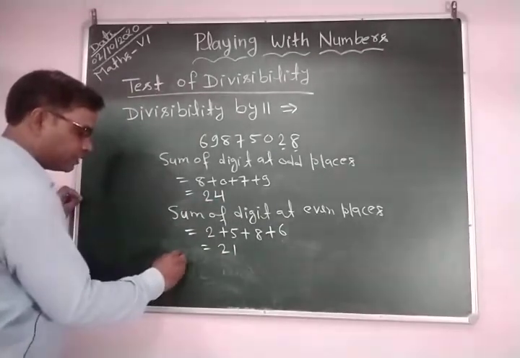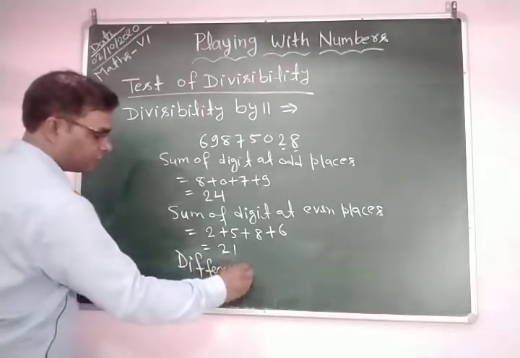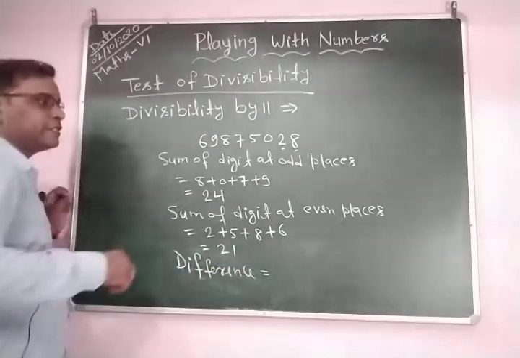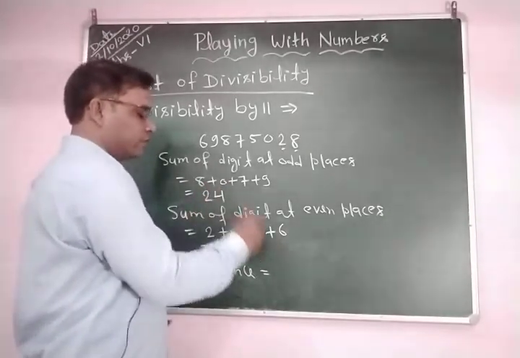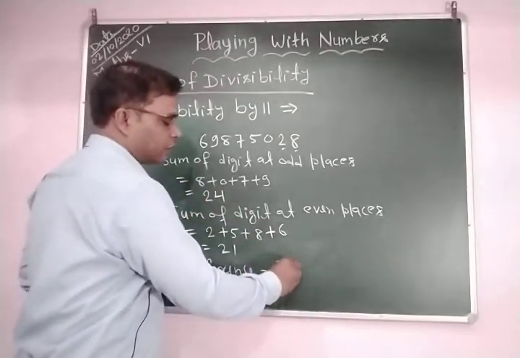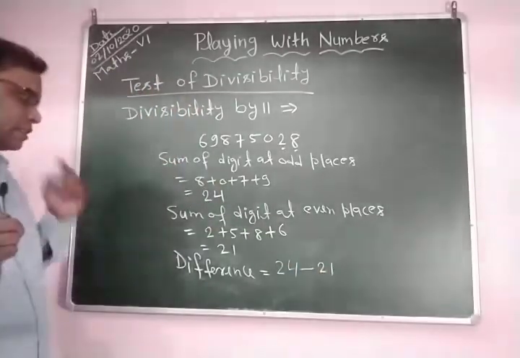So the difference is equal to what? The difference of the sum of digits at even places and the sum of digits at odd places. The sum of digits at odd places is 24, minus 21.